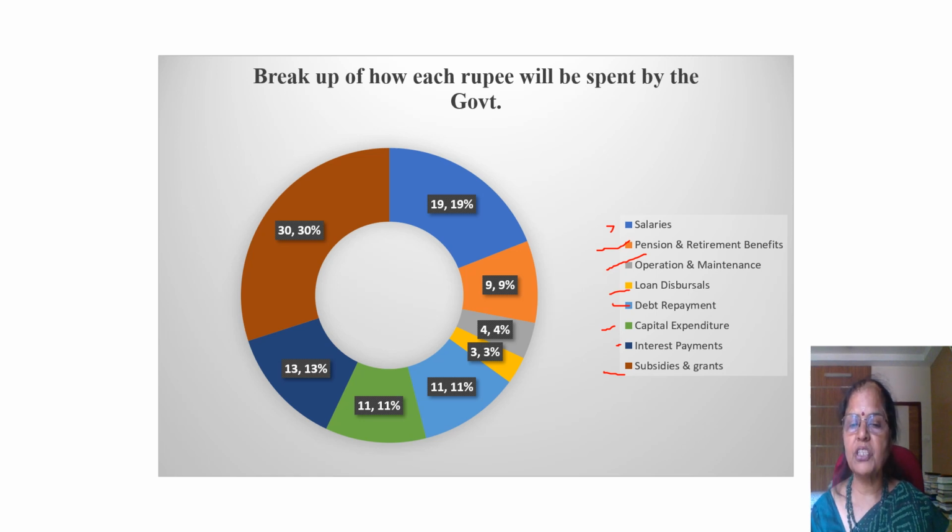How much goes to salaries out of this 100 paise, and how much is going to pension and retirement benefits? How much is going to operation maintenance? So that is given in the form of a pie chart.